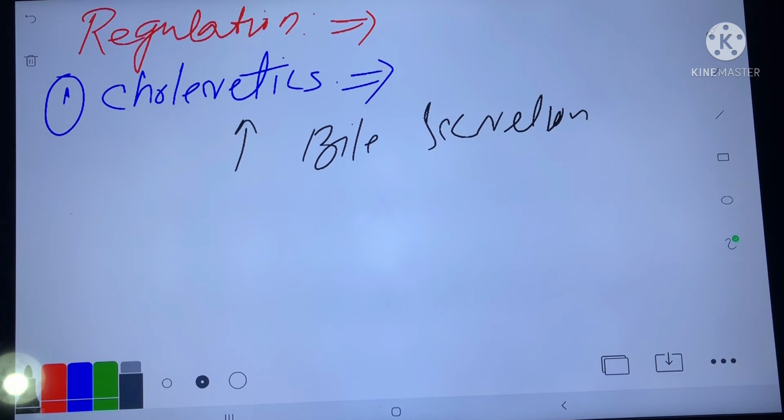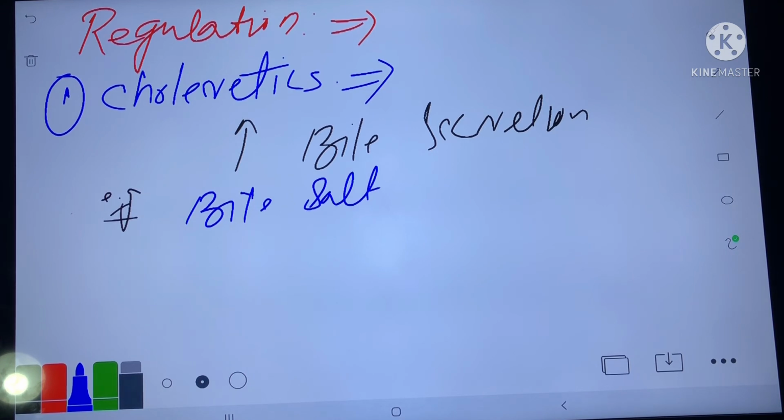For example, the most potent choleretic is bile salt itself. Bile salt itself regulates the increase or decrease of bile production. Number two, secretin.